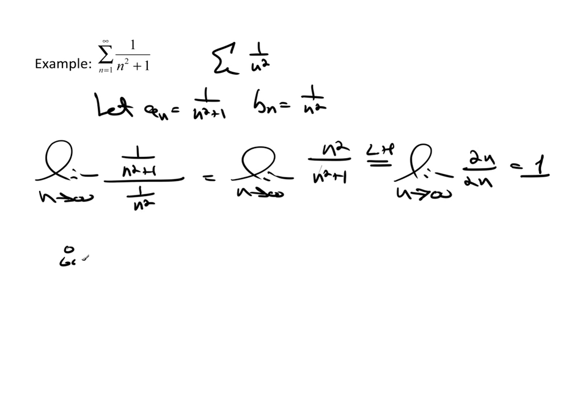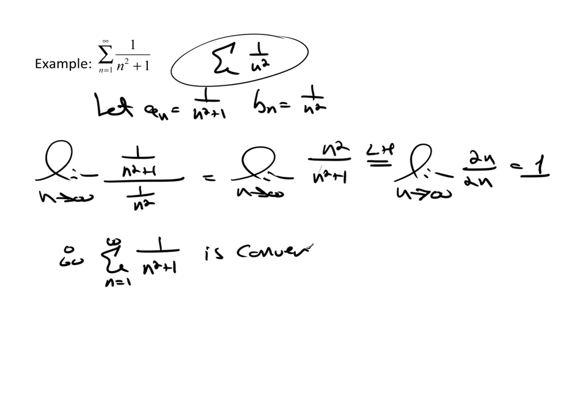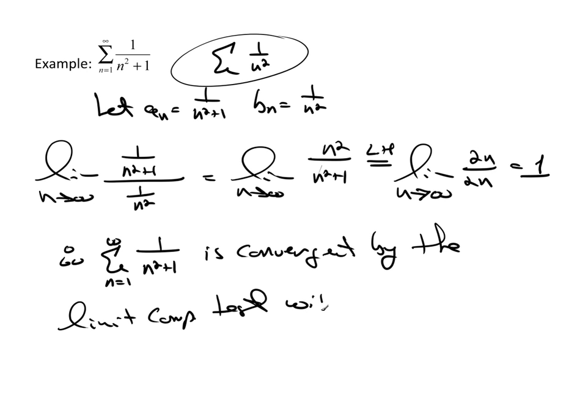Therefore, since I know this is convergent, it's a p series with p equals 2, therefore this infinite series, n equals 1 to infinity of 1 over n squared plus 1, is in fact convergent by the limit comparison test with the sum of 1 over n squared.